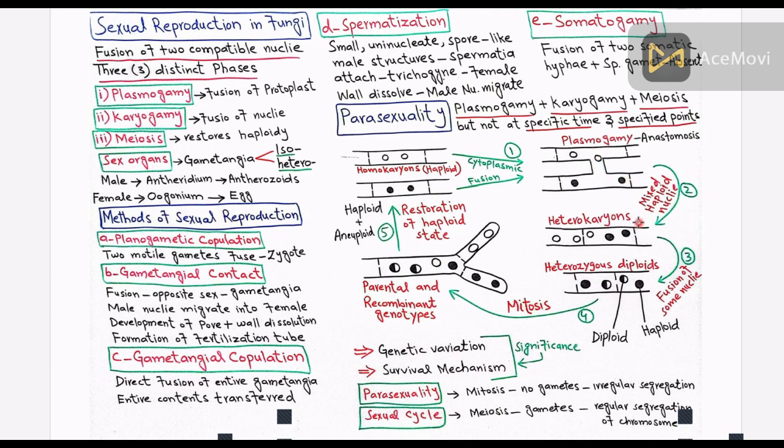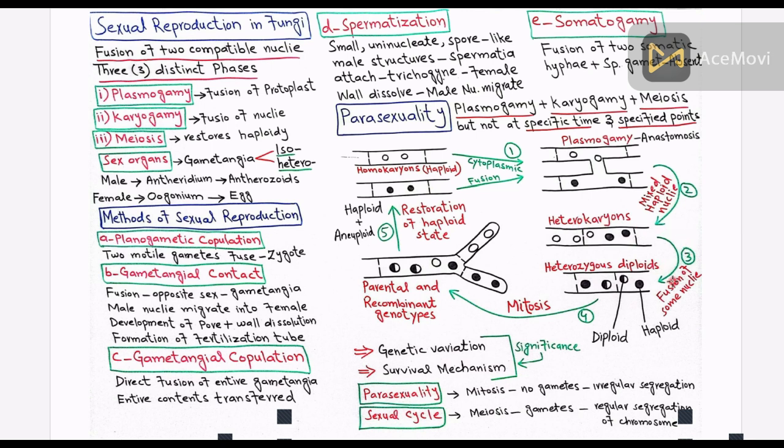The next step is the mixing of haploid nuclei and the production of heterokaryon, and this process is called heterokaryosis. You can see that this is a single hypha which contains two different types of nuclei, so that's why it is called heterokaryon.